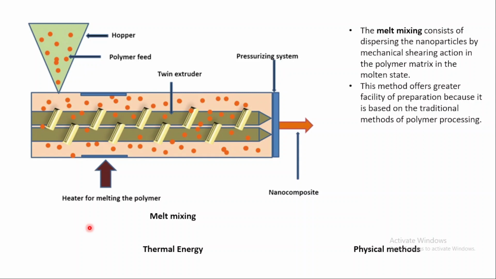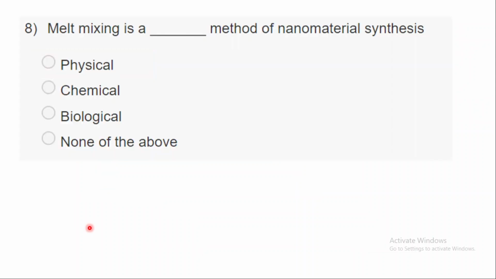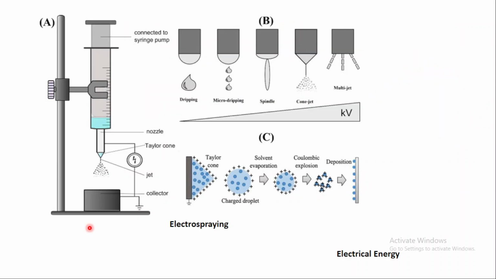Electrospraying can also be modified as a chemical form of nanoparticle synthesis, in which, see, if the solution or the solvent in which the nanoparticle is dissolved is changed, and the particles are then charged oppositely. So if we go back to electrospraying here, as mentioned, electrospraying is a physical form.